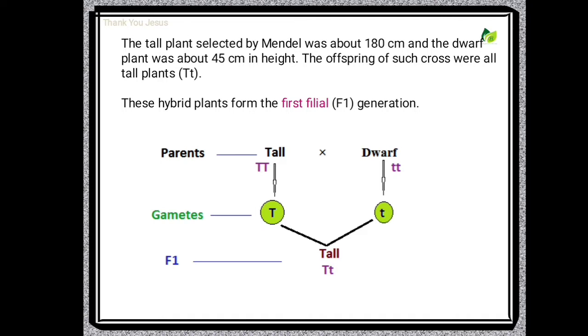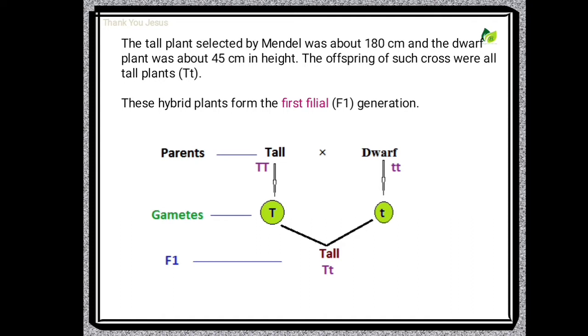The tall plant selected by Mendel was about 180 centimeters long and the dwarf plant was about 45 centimeters in height. The offspring of such a cross were all tall plants.